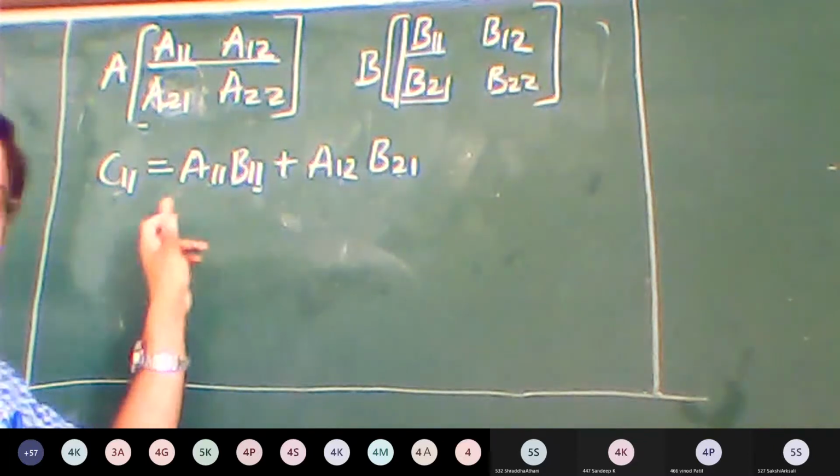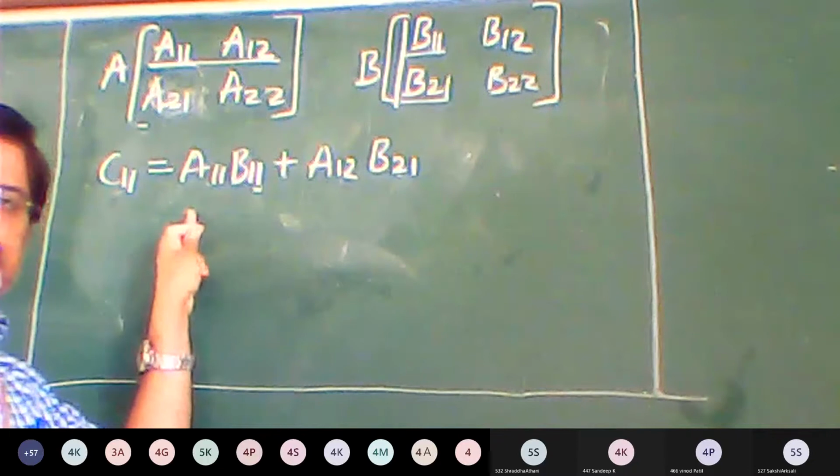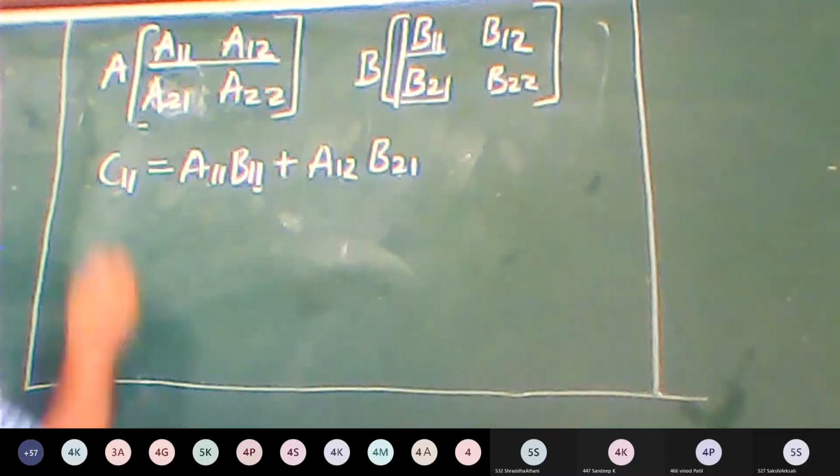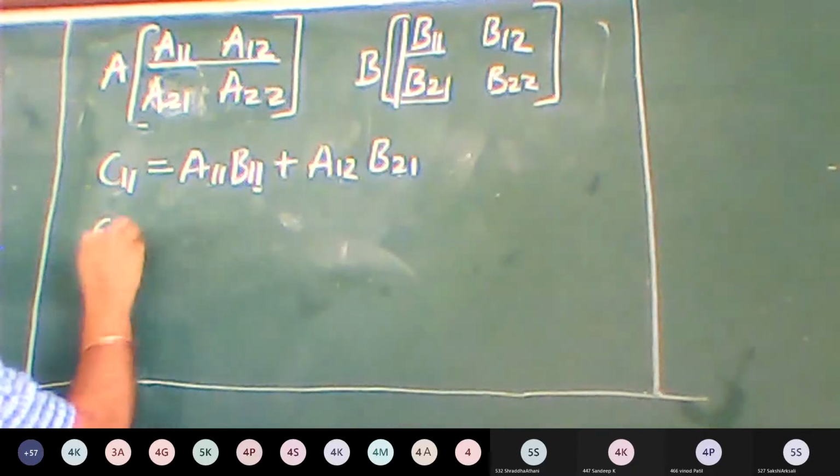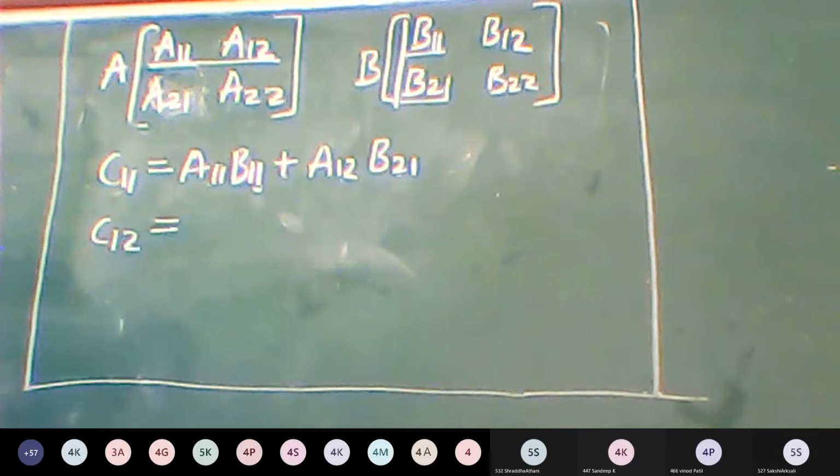Are you able to recollect the matrix multiplications? Yes, sir. Now, how can we calculate C12?